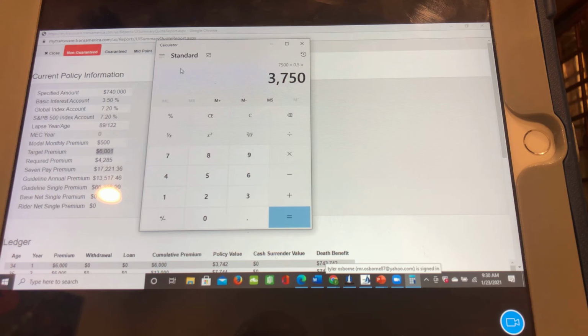Yep. So you take whatever the target premium is, you multiply that times 125%, and it gives you that number right there. And then if you're an associate, there you go, 2,600.